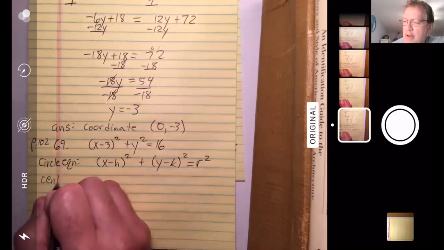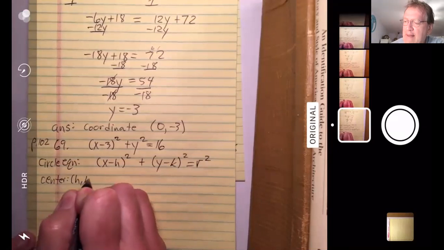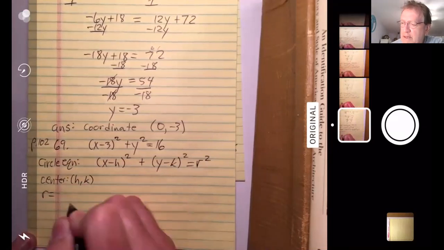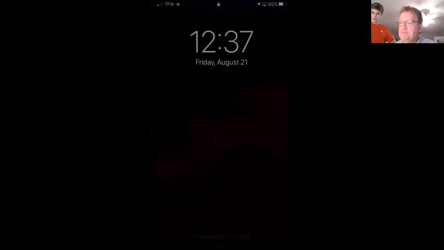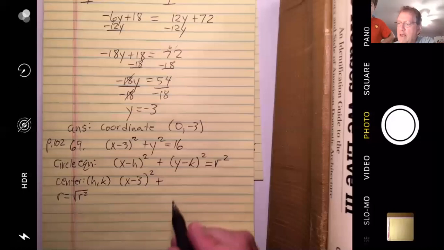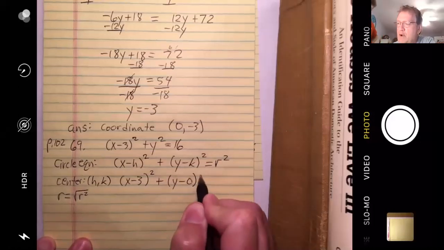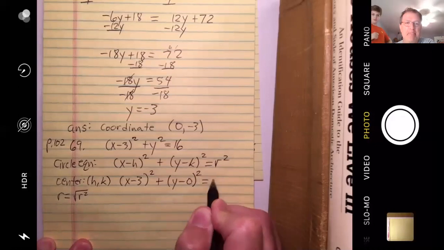By the way, the center is h and k, and the radius is the square root of the r squared. If I rewrite this equation under it to make it more obvious, we've got x minus 3 squared, and y minus 0 squared, equals 16.